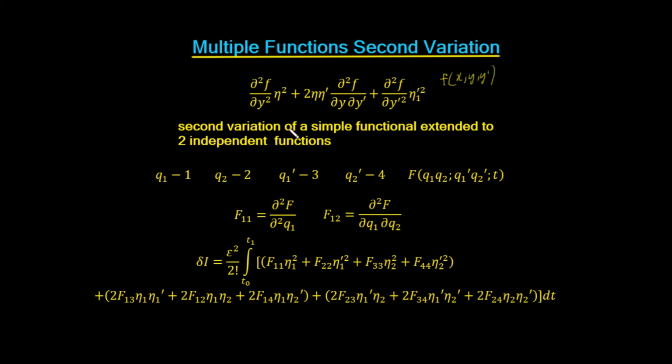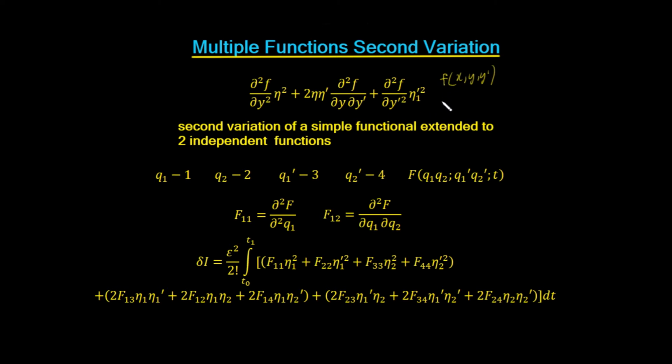But now, rather than derive this for a simple functional, we want to derive that same second variation but for a functional with two independent functions.